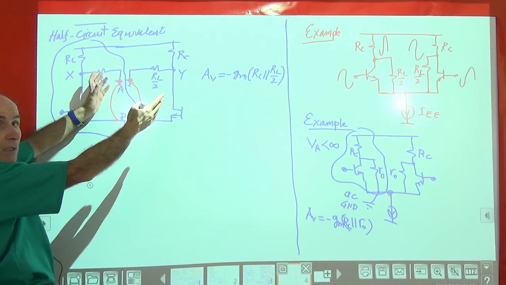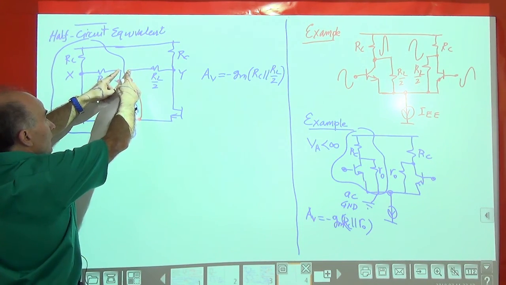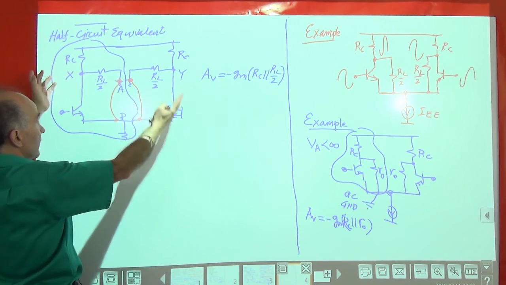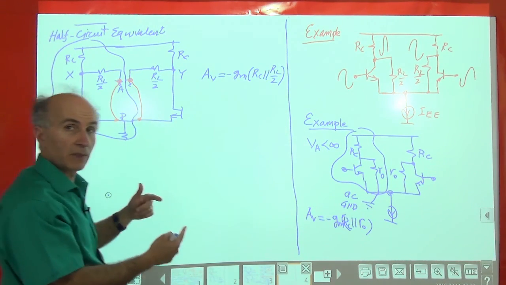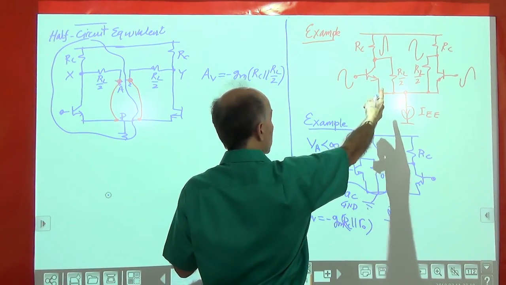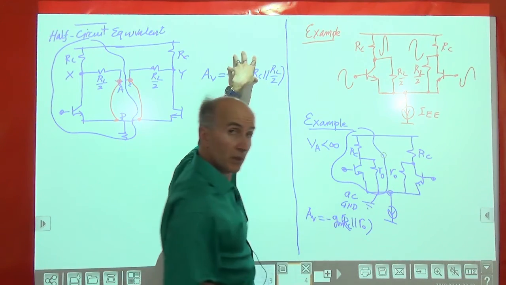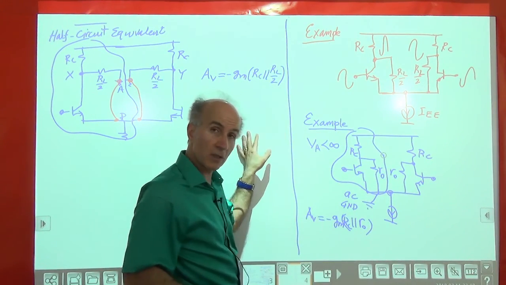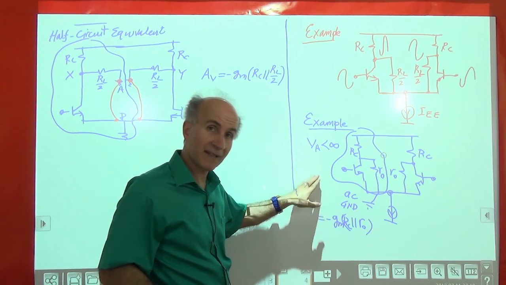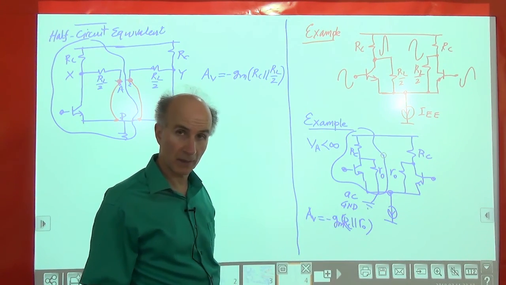But we saw that in the small signal model, whether these are connected to each other or whether they're connected to here doesn't make any difference because these are all AC ground. So then we concluded that a topology like that, whose small signal model is the same as this, would follow the same equation. And if you change the name to this, it will still follow the same equation. So in the presence of early effect, the voltage gain is simply given by this.